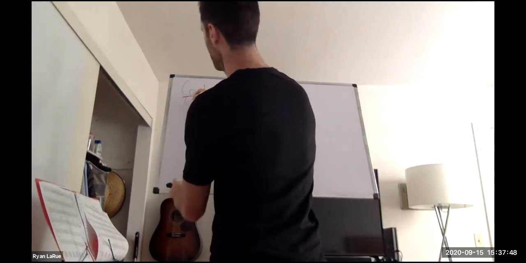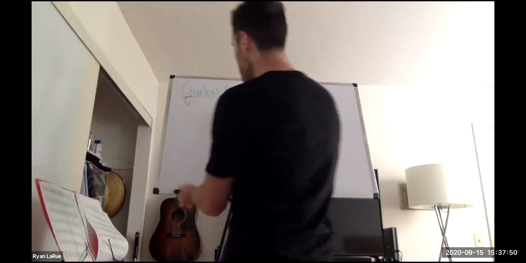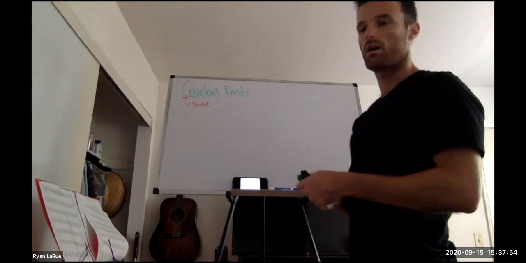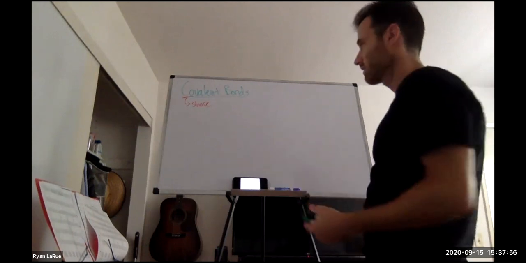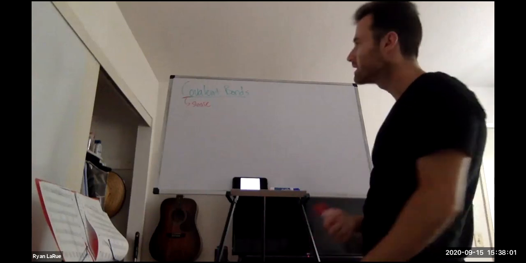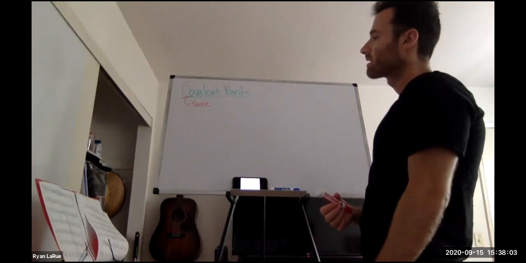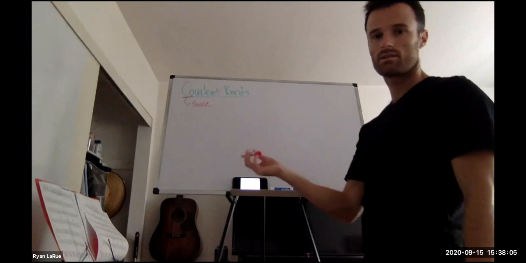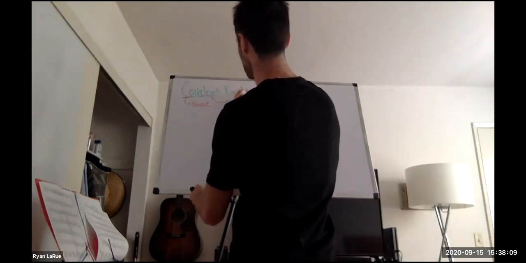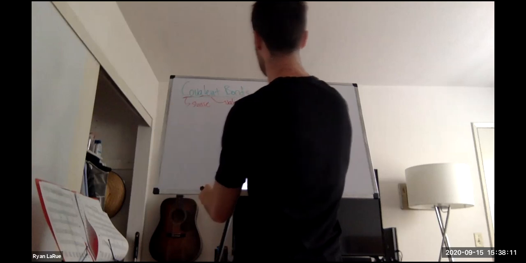Co, that prefix, means to share. If you have a coworker, you're sharing work with your coworker. Co-pilot, you are sharing the pilot duty. Valent, of course, refers to our valence electrons, our outermost electrons.